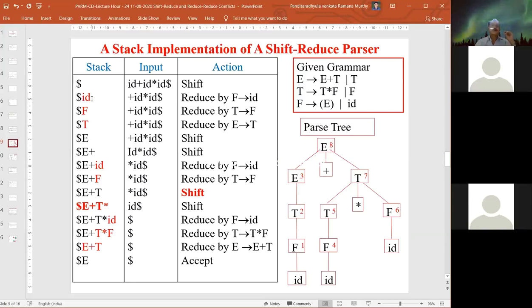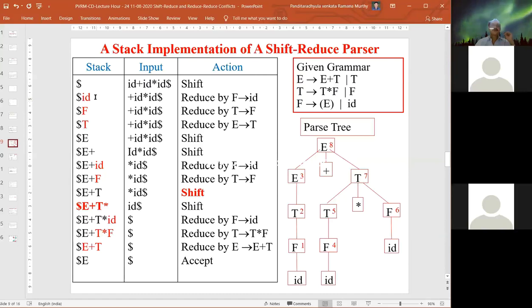Now we have a production, F derives id. Id can be handled using the reduce production, F derives id.